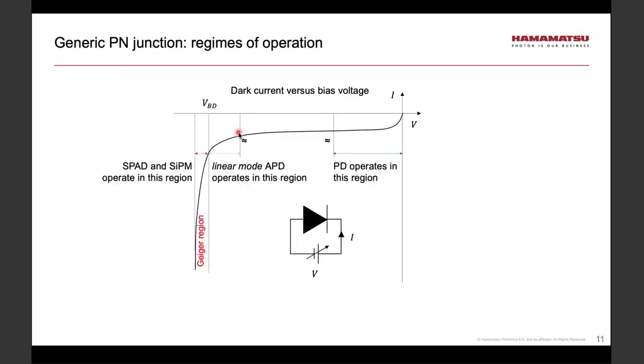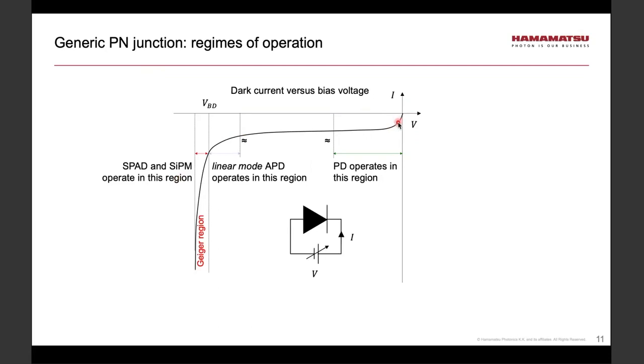So with that, we are going to now turn our attention to devices that have a PN junction. These devices are the photodiode, the linear mode avalanche photodiode, and then the silicon photomultiplier. What you see on this slide is a current-voltage characteristic for a PN junction. There is no light, so this curve is effectively the dark current as a function of voltage.